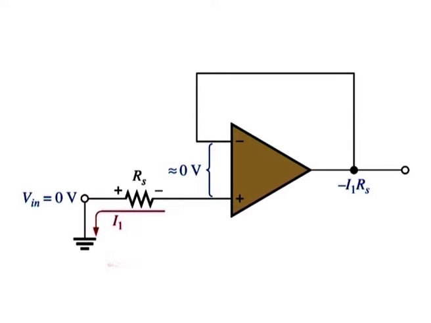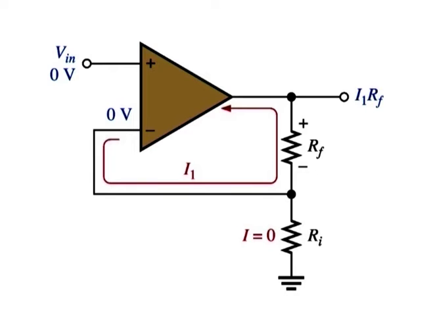The voltage at the inverting input terminal decreases to minus I1 into Rs because the negative feedback tends to maintain a differential voltage of 0 as indicated. Since the inverting terminal is connected directly to the output terminal, the output error voltage is minus I1 into Rs.